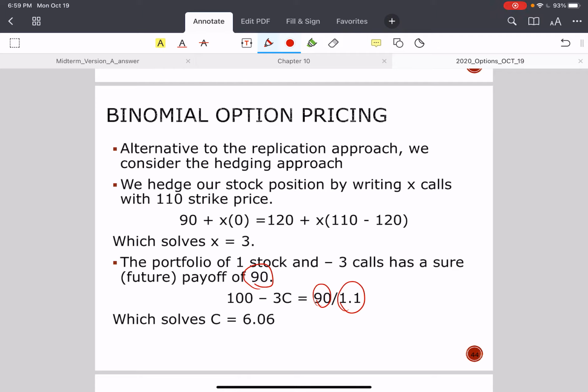Because this portfolio of one stock and 3 call options has a future value of $90, the present value has to be the same as the discounted value of $90. So this gives us the solution. The call price is solved by this equation, which is 6.06.